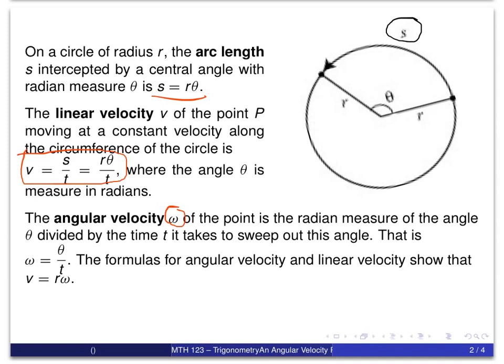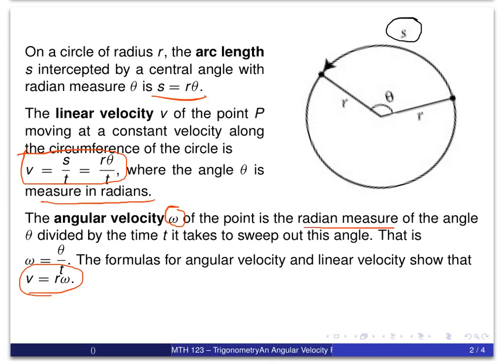And what we use more often, and the one we will use mostly in this next problem, is this one, which says the velocity is the radius times the angular velocity. The other thing to notice, which is important, is that the angle is always measured in radians.